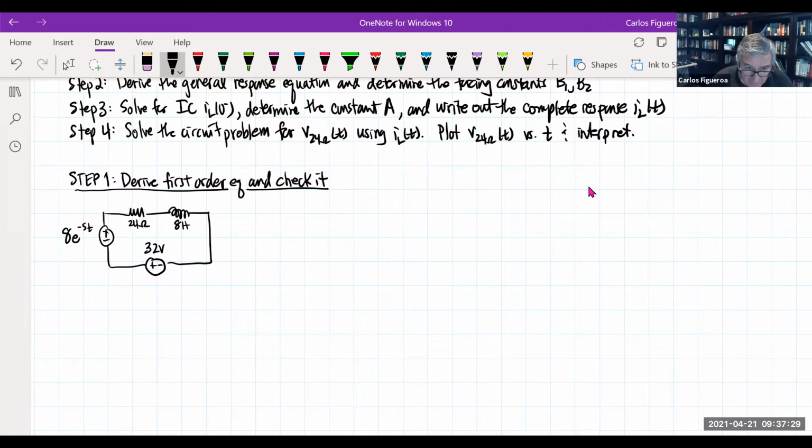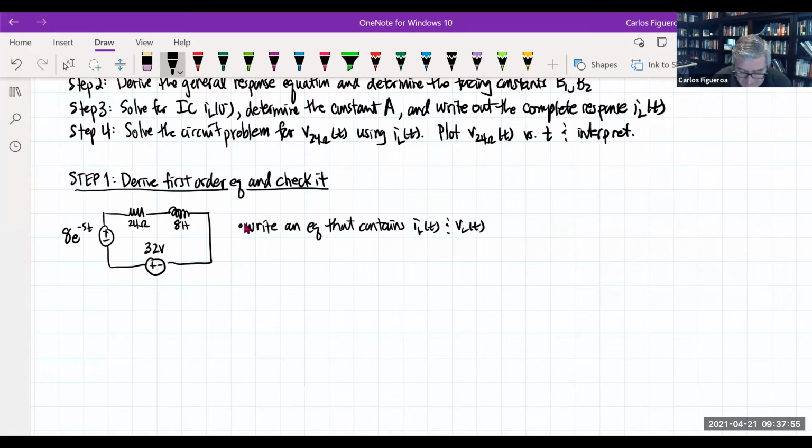So the first thing that I got to do here is write an equation that's going to connect IL and VL. So that means I need to write an equation that contains IL and VL.